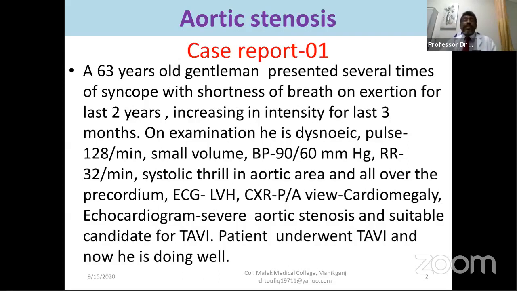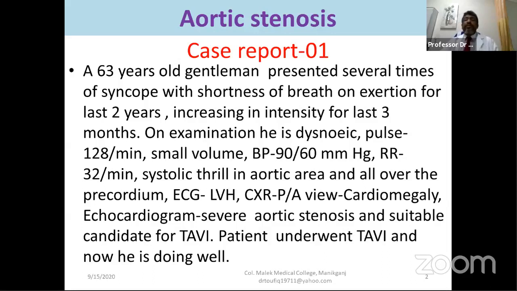So if we consider this case part by part, from the presentation of the case of aortic stenosis to the treatment of the case, what information are we getting from this case report? What is the age of this patient? A 63 years old gentleman. That means aortic valve disease like aortic stenosis can occur in an old age person, and it may also occur in the younger age group, and in the middle-aged.